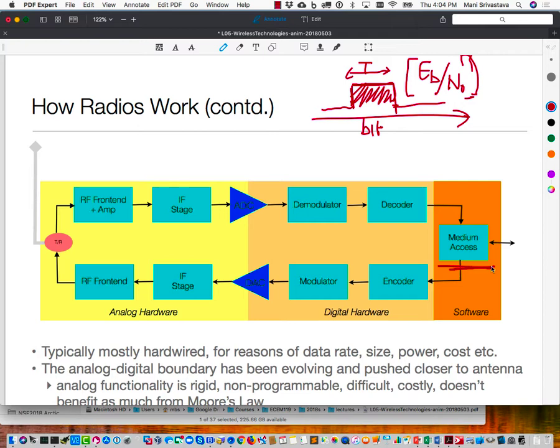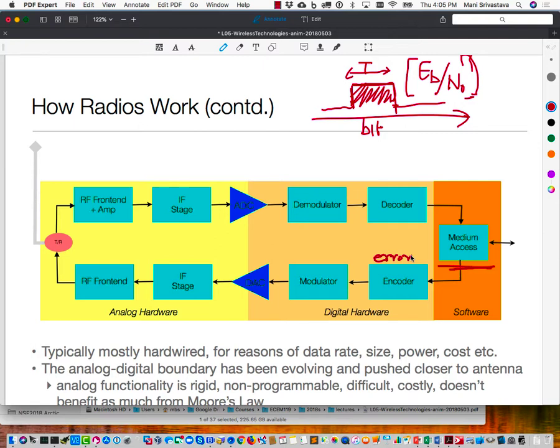Much of it is digital, where you code this information so that it's resilient to error. So this part really has to do with error. And then you modulate, which means encode that information into a carrier wave, a radio waveform, and then finally convert to analog, push it up to higher frequencies, and send it out.